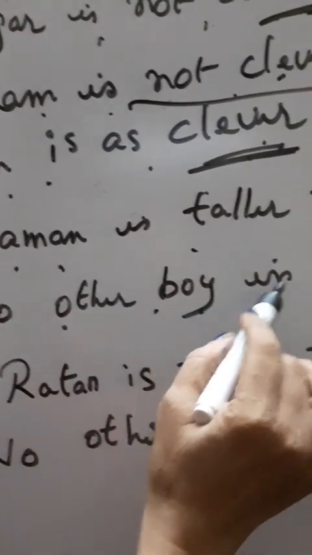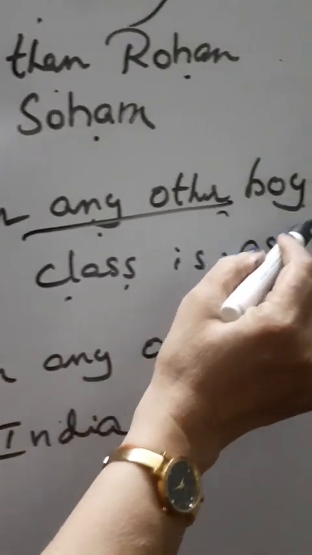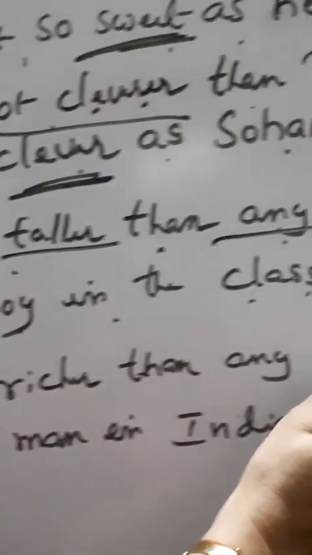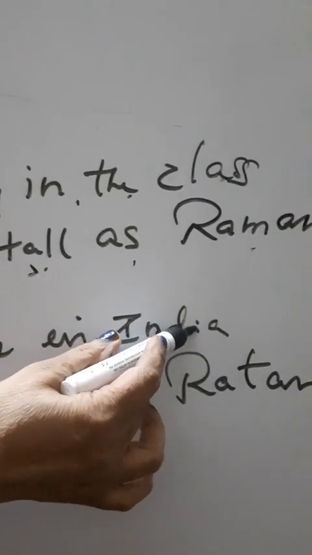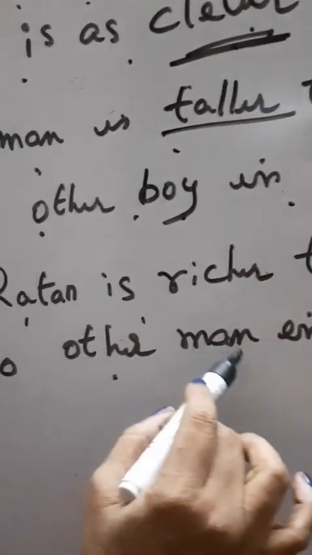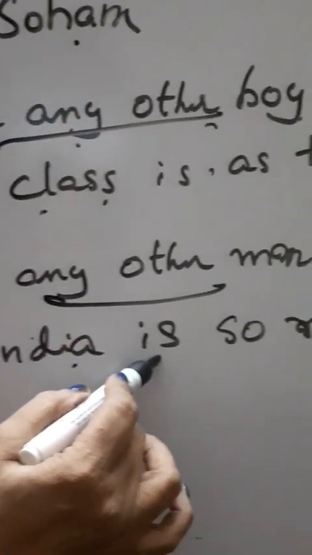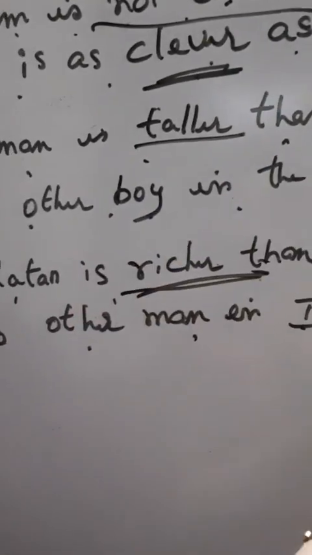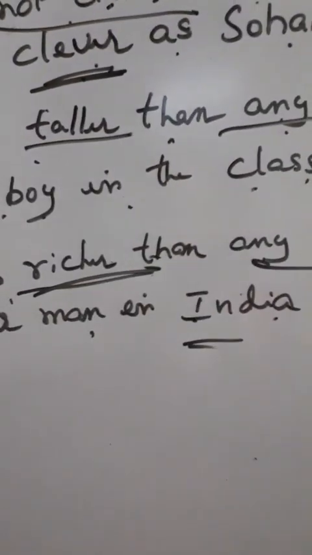No other boy in the class is as tall as Raman. Taller, tall. Now Ratan is richer than any other man in India. No other man in India is so rich as Ratan. Richer, rich.